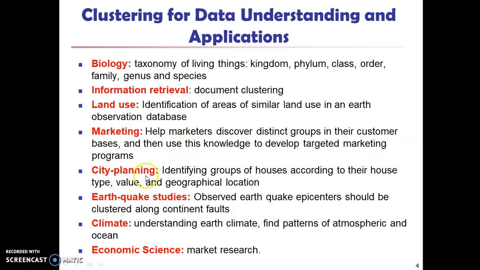And city planning: identifying groups of houses according to house type, value and geographical location. In city planning, we have a number of houses of different types and values for different people in different geographical locations. To identify all these, we apply the clustering concept.